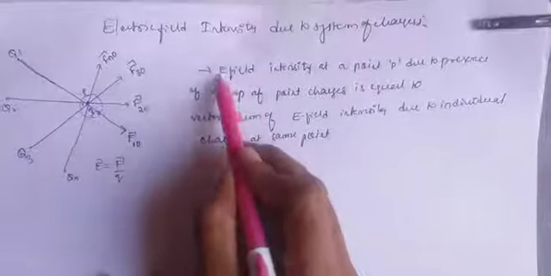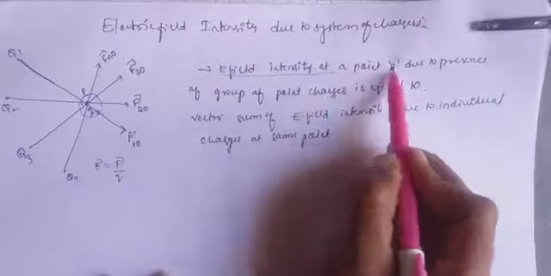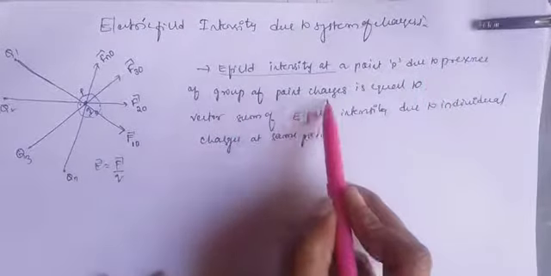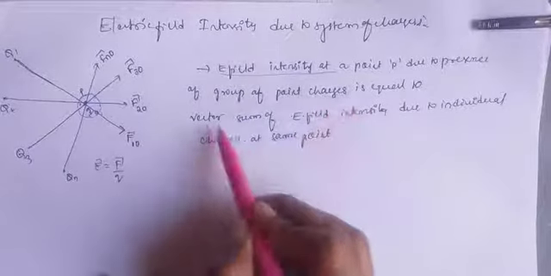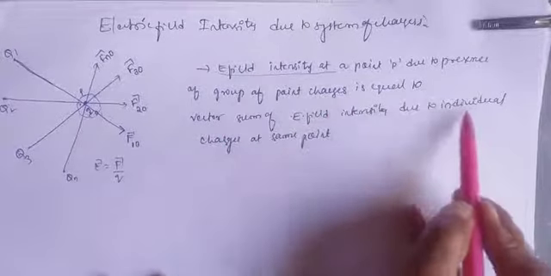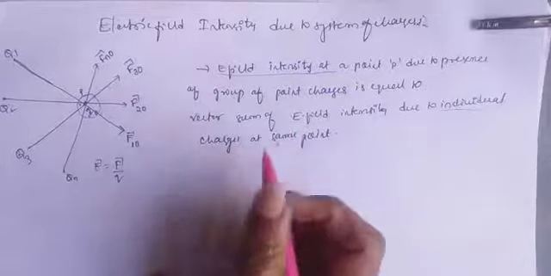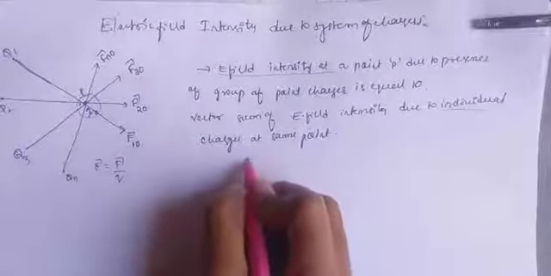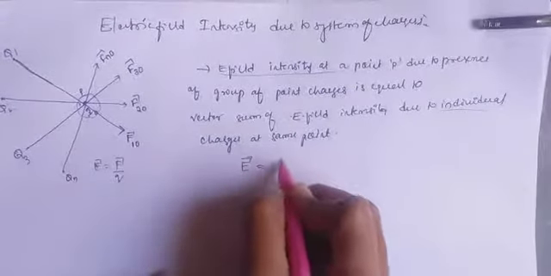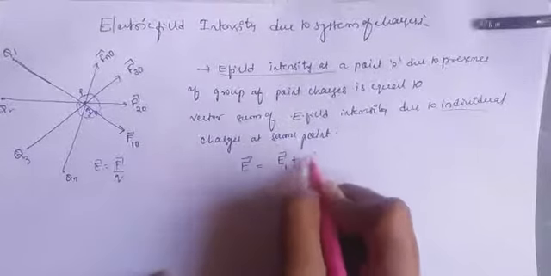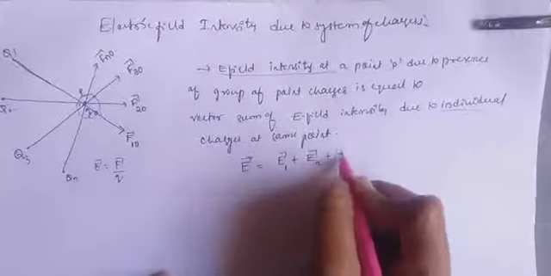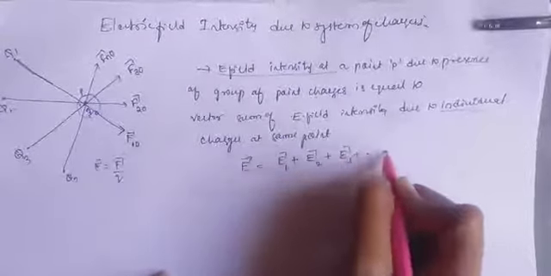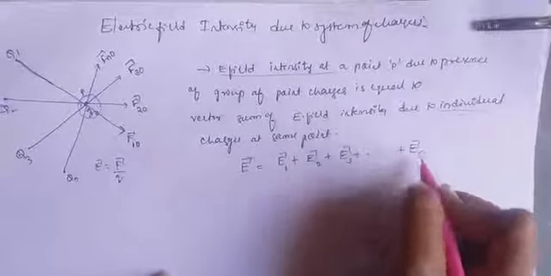The electric field intensity at a point P due to a group of point charges is equal to the vector sum of the electric field intensities due to individual charges. So the electric field at point P is the field due to the first source charge, plus the field due to the second, the third, then the nth.